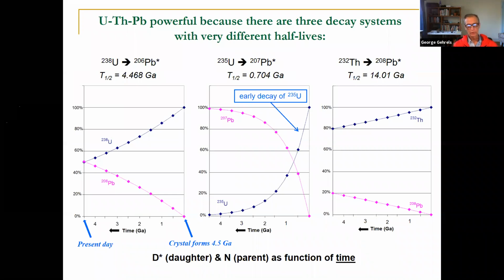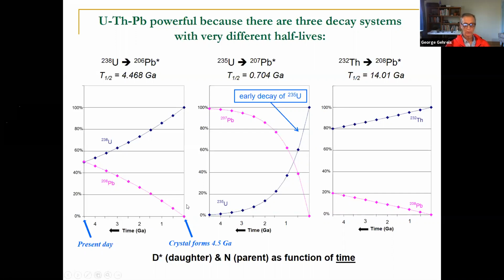But let's look at how these systems work in diagram space here. And we're going to start off on the left with uranium-238 going to lead-206, again, a long half-life. We're going to do this in terms of time now. So we're going to start at the age of the Earth. The Earth just forms. We have a zircon crystal. It starts off here with a lot of uranium-238, 100%, and no lead-206 because there has not yet been any decay.